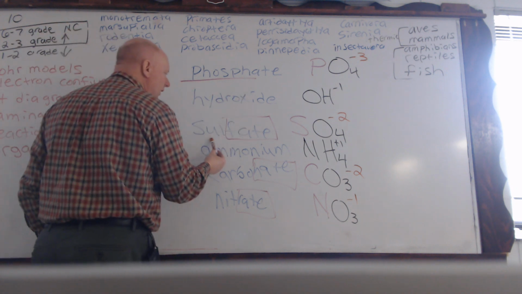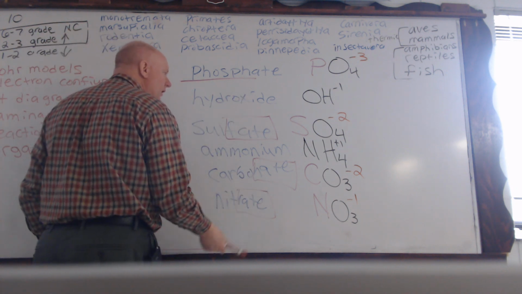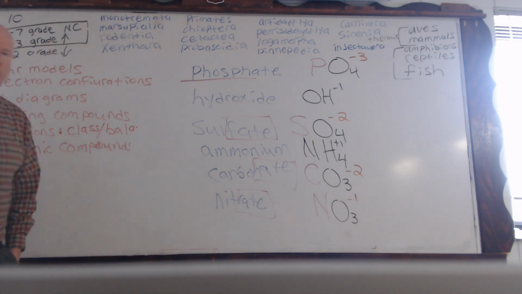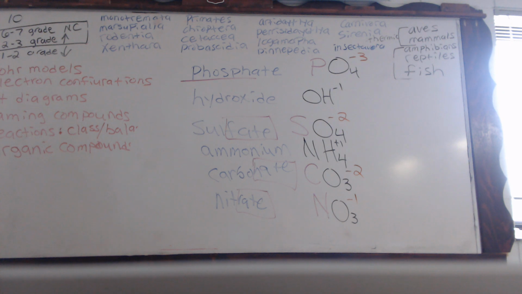Or I guess we didn't underline all of them, but if you see NO3, we certainly should know that that's nitrate because it has nitrogen in it. There's going to be times where you are responsible for having to correlate material or memorize it or something to that effect.